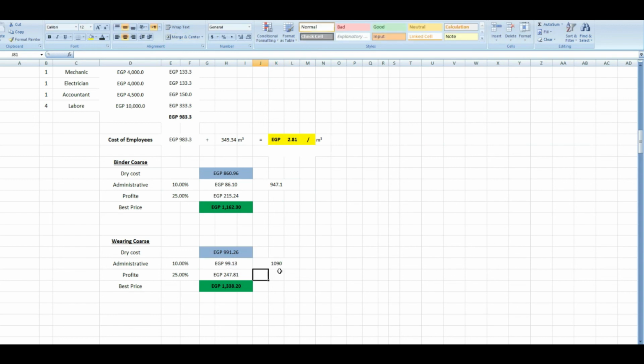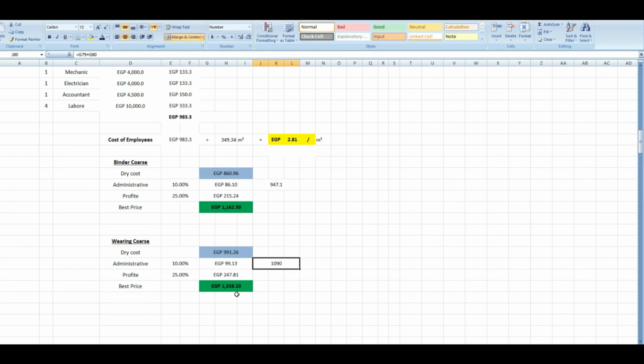This is the total cost of wearing course that can be used to compete in the tender, or according to the owner, we can use this number after adding the profit.